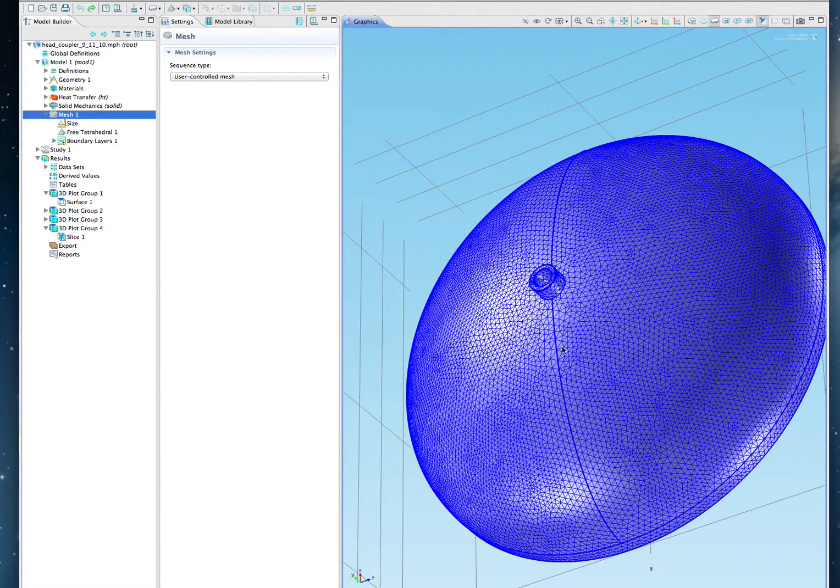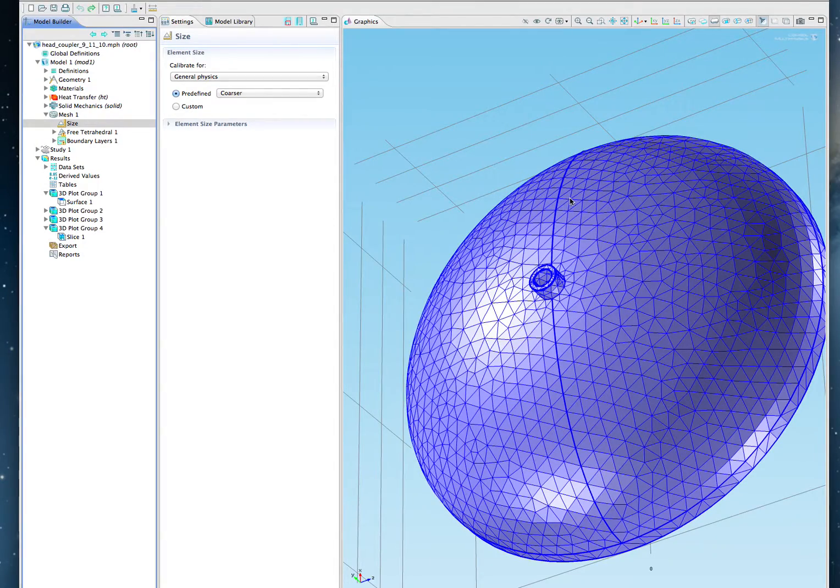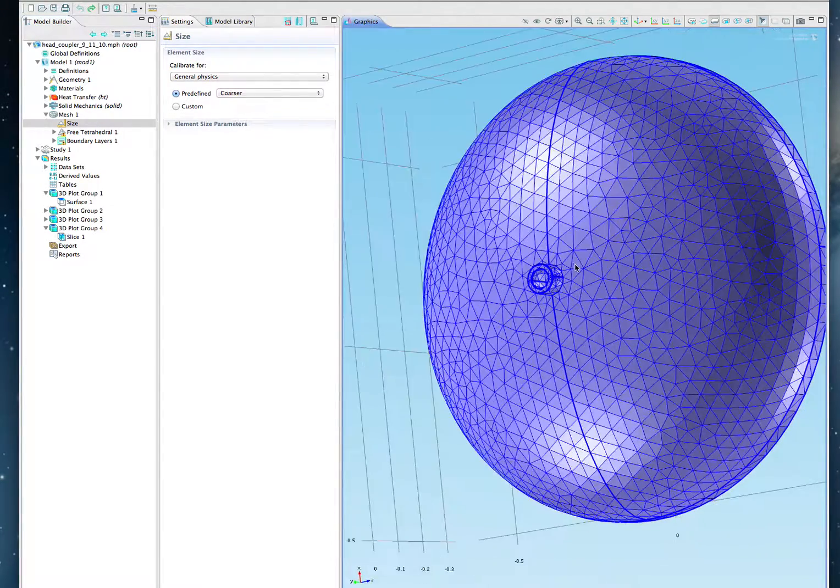If you want to do the solution for this, it's going to take a long time, but you can make a different kind of mesh if you want. You can change the size, and instead of fine, you can make it coarse. For example, if you choose coarser, you click here, it will rebuild the model, and it gives you a coarse mesh, as you can see here.